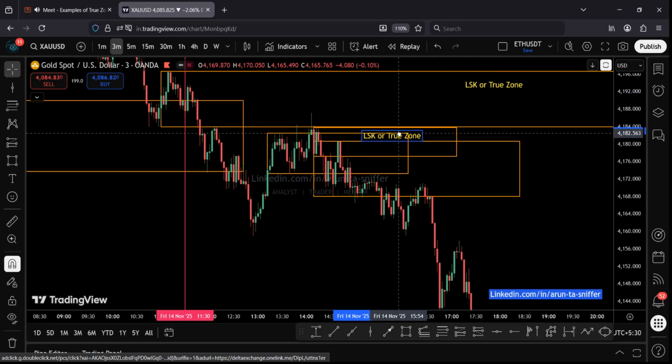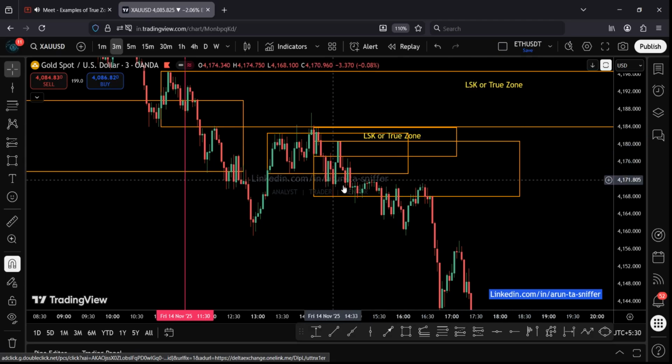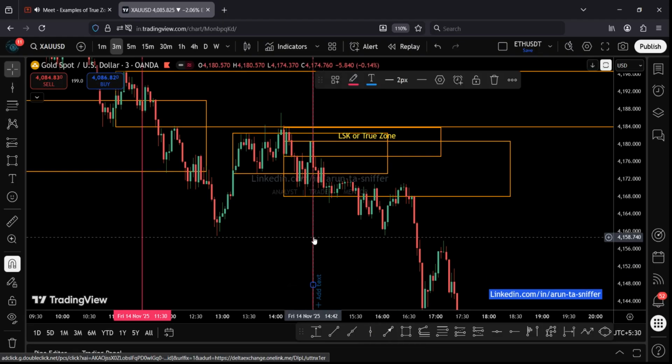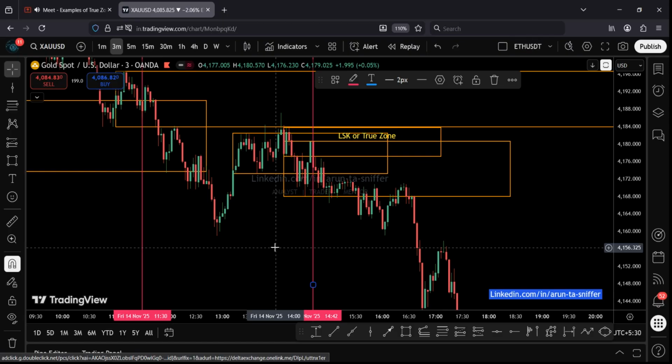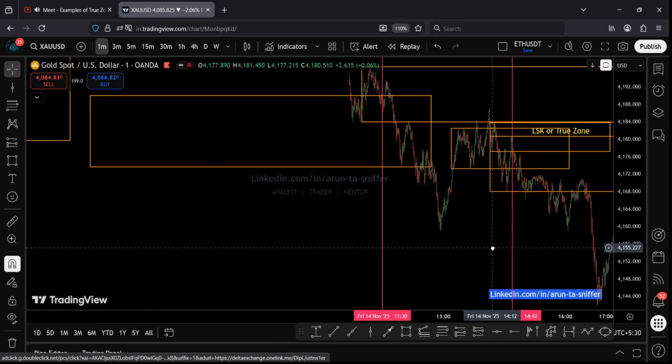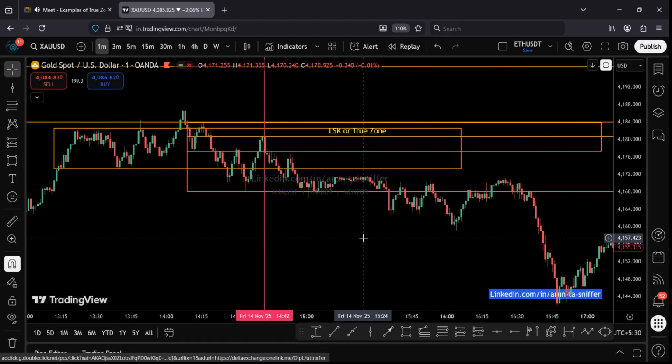This one, LSK or true zone. Price hitting here. And we have price movement from here. So we will go on 1 minute time frame and look again, like 1 minute time frame.